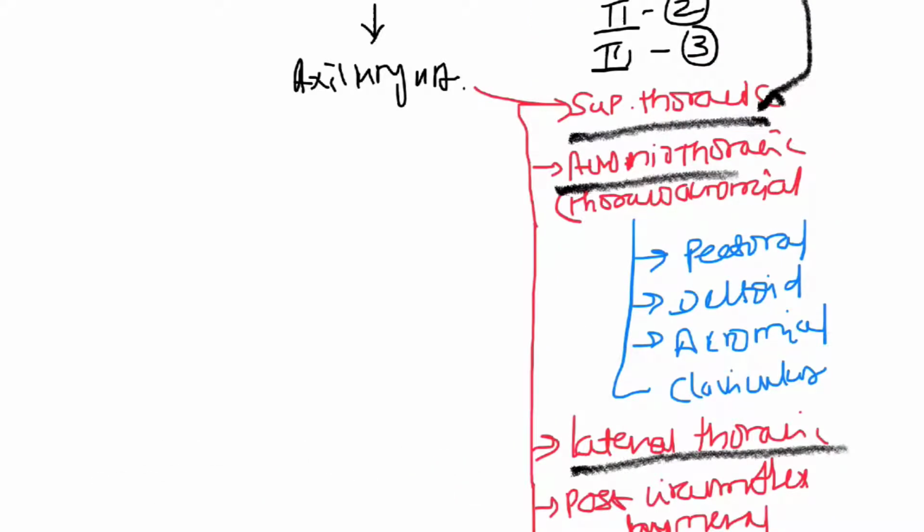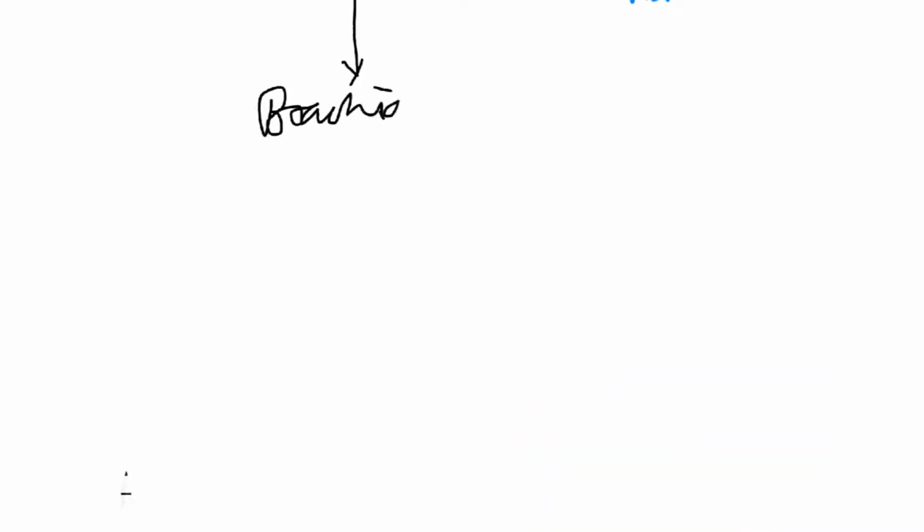Now blood from the axillary artery passes to the brachial artery. The brachial artery has 4 branches. Let me show you these 4 branches. The first one is the nutrient artery, which goes to the nutrient foramen of the humerus.